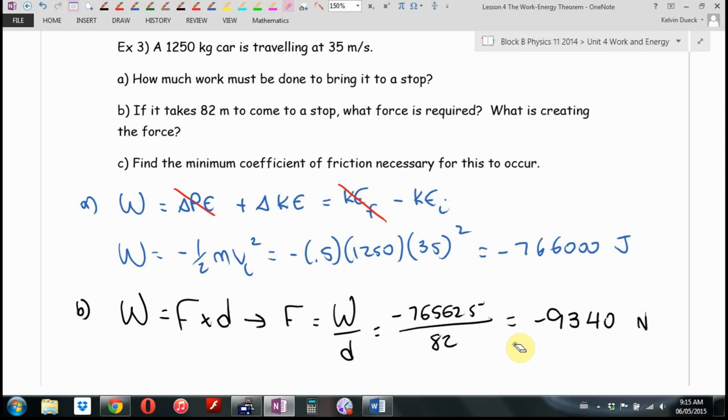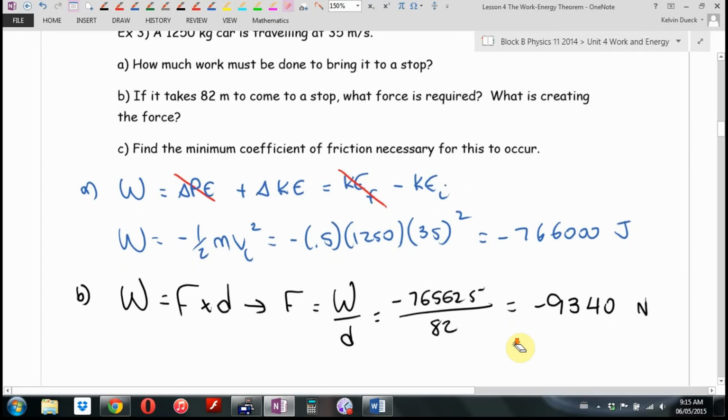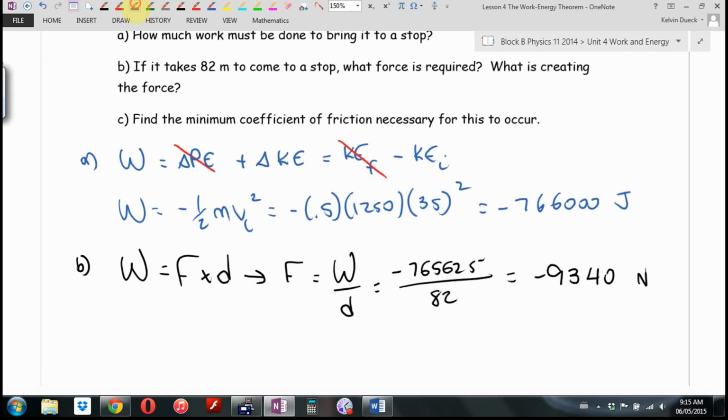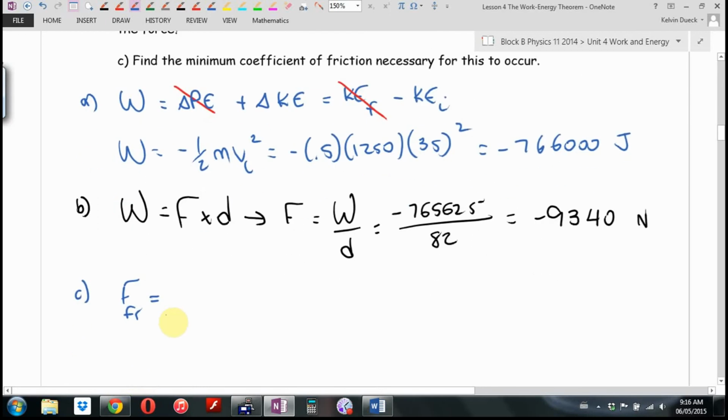If you have 82 meters to stop, and your car is traveling 35 meters per second, what's the minimum coefficient of friction? Devin, what did we just find in part B? Friction. Friction equals what times what, Devin? Oh, hang on. We'll come back to that in a second.